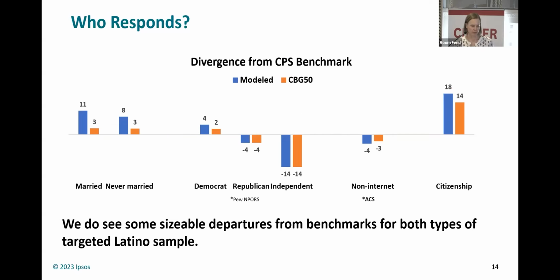And then just a couple of last demographics. I threw in party ID, just thought it was an interesting look, and you can see both of them underrepresented independents, and both of them overrepresent citizens. So it's probably a combination of the typical differential response rates that we experience and the bias that may be associated with using this modeling.